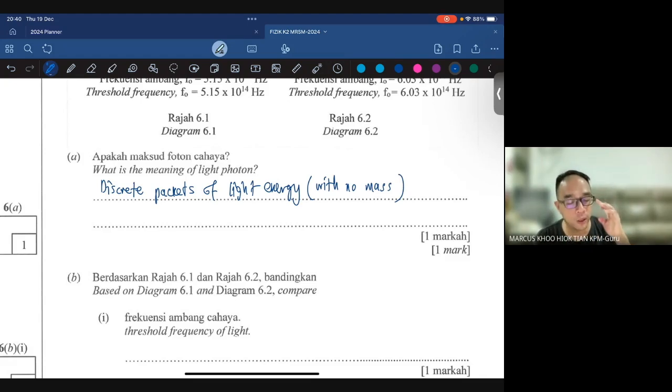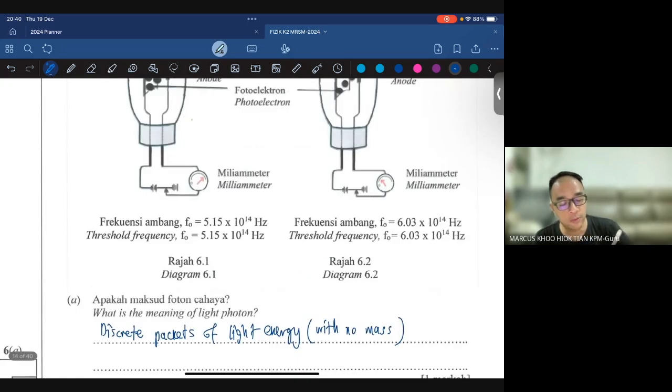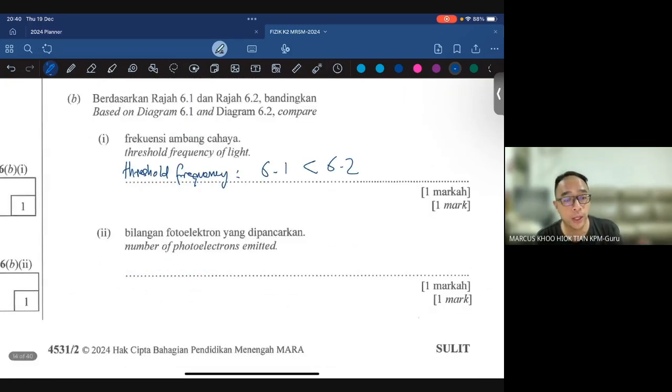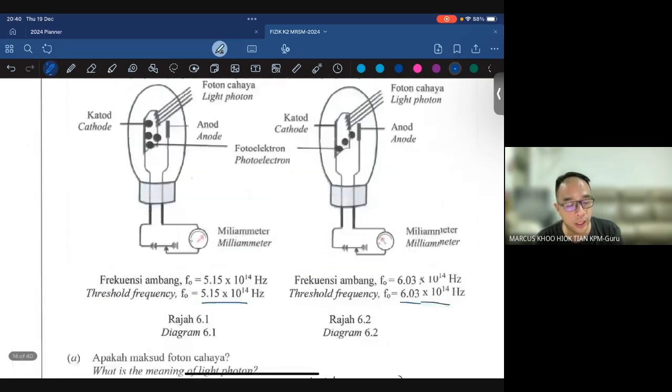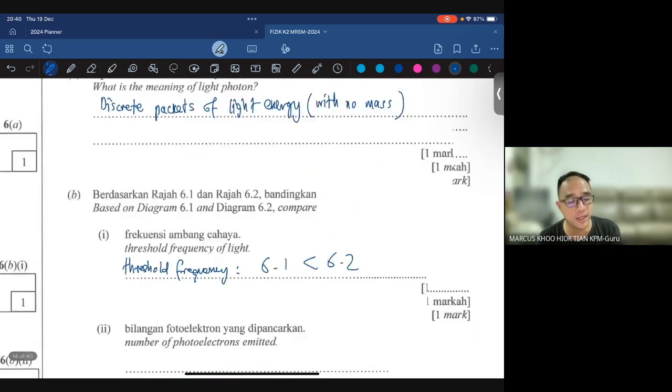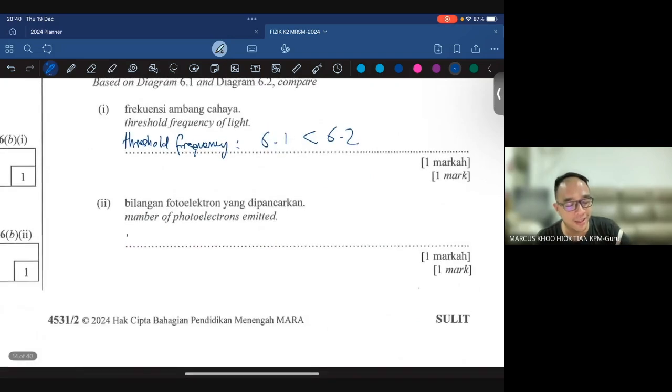So, compare 6.1 to 6.2. 6.1 threshold frequency is 5.15 times 10^14, and 6.2 is 6.03. So in terms of the threshold frequency, 6.1 is less than 6.2. The number of photoelectrons in the diagram is shown: there's 4 here and there's 3 here. So in terms of the number, 6.1 is more than 6.2.